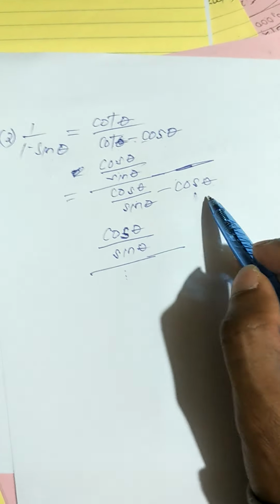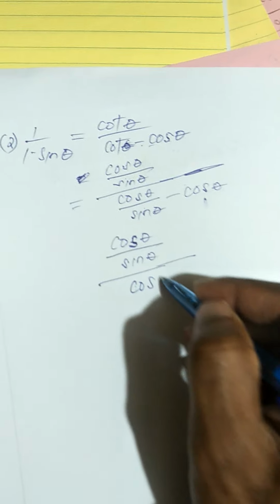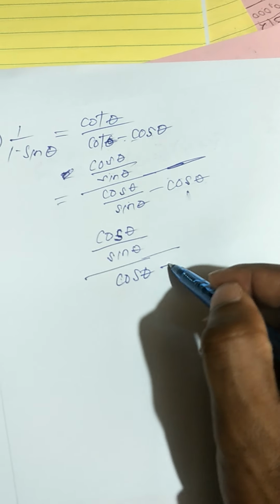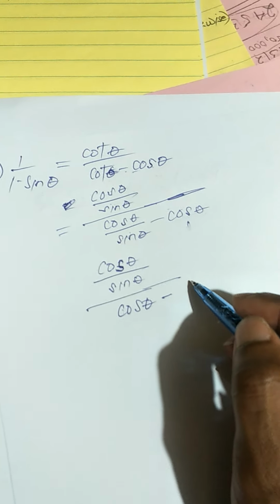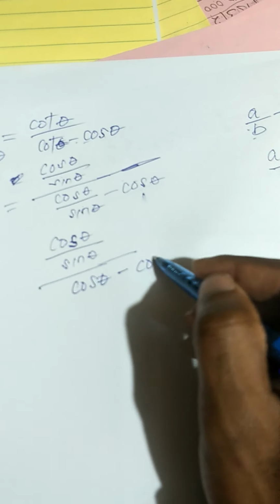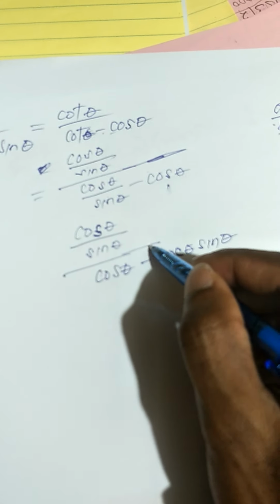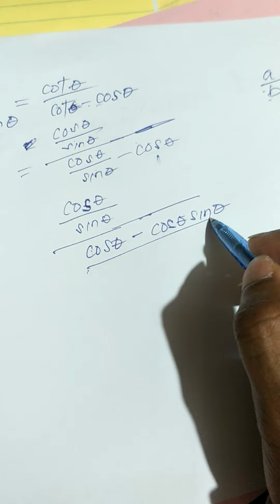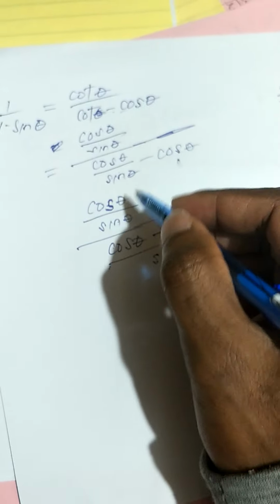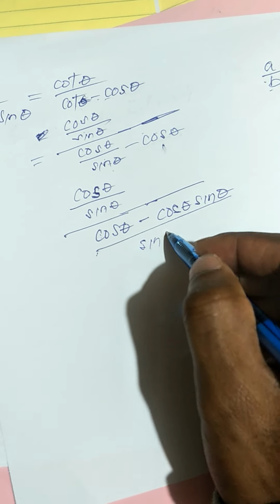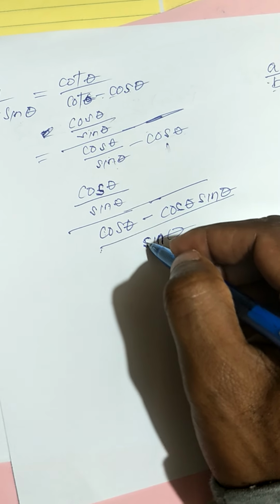Okay, so if I cross multiply, I will copy cosine theta, keep the sign, minus cross multiply cosine theta sine theta, cosine theta sine theta, all over sine theta.